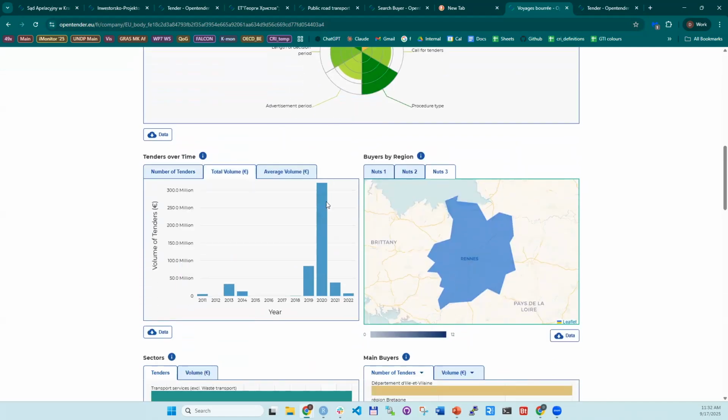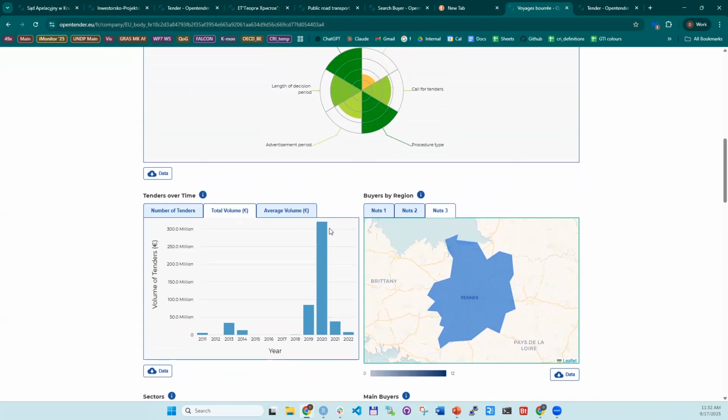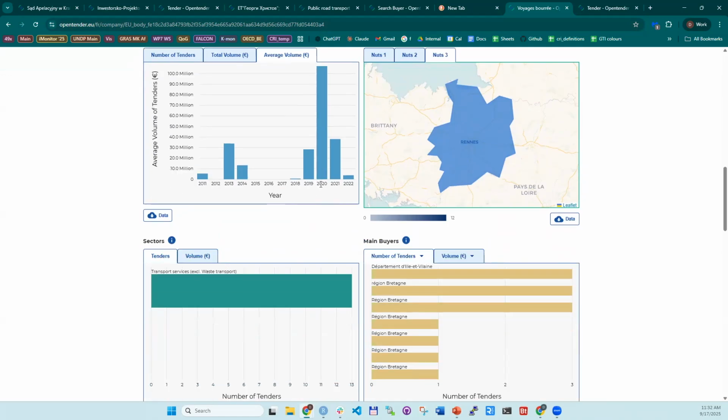For example, I see that during COVID, these Drunken Voyages had a lot of contract value accumulated over a small amount of tenders, which might interest me in not checking the whole supplier, but rather some specific contracts that were made during 2020.